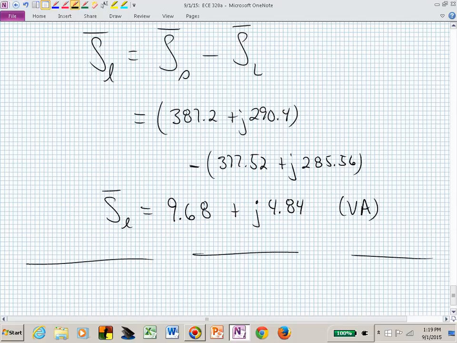Then the smaller your current, the less you're going to lose in real power delivering that power from the source to the load. In terms of efficiency, you're trying to reduce this power absorbed in your transmission line.